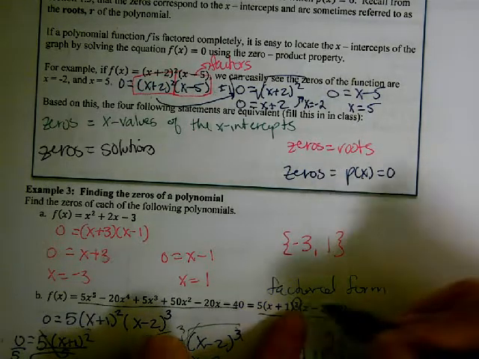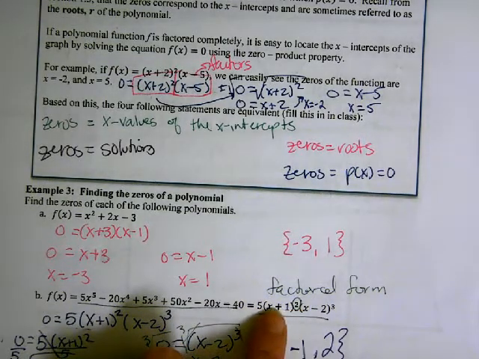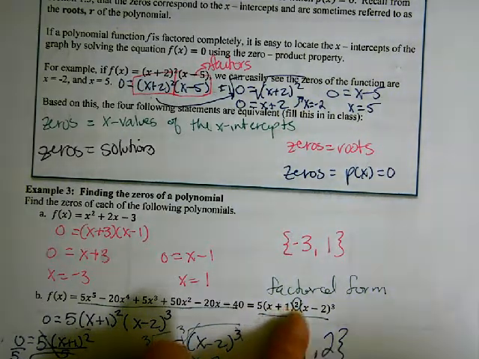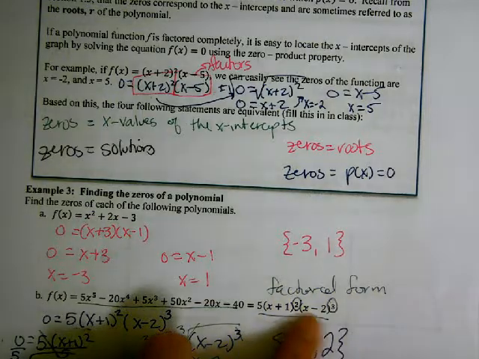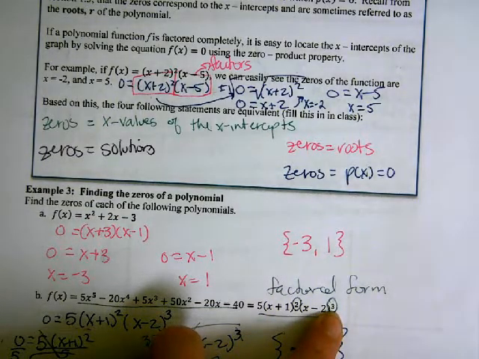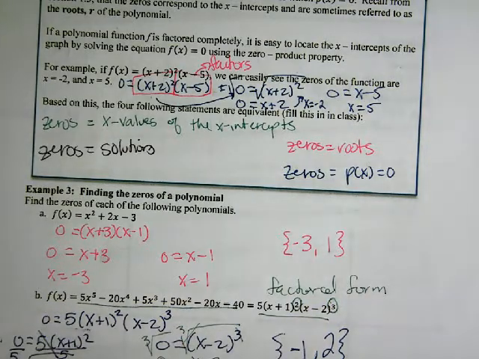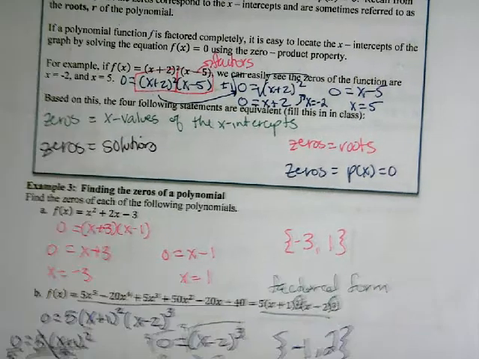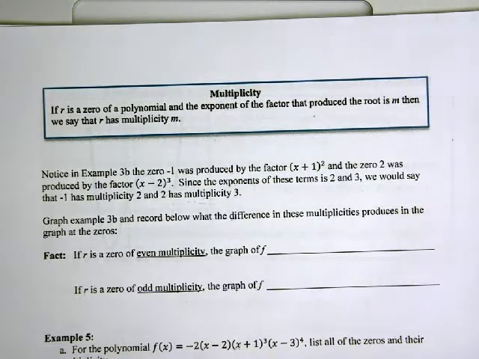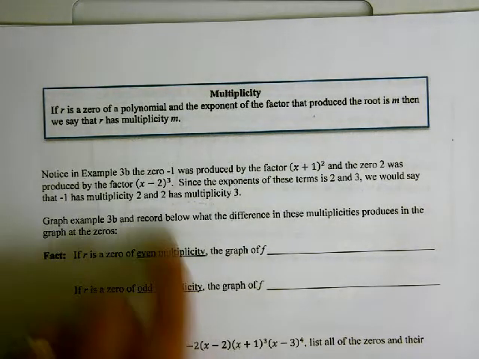We say that a factor has multiplicity 2 when the exponent on the outside of the factor is 2. This one has multiplicity 3 because that's the exponent that's attached to the factor. And these multiplicities have a huge role in telling us what type of touching or crossing is going to happen at that x-intercept.